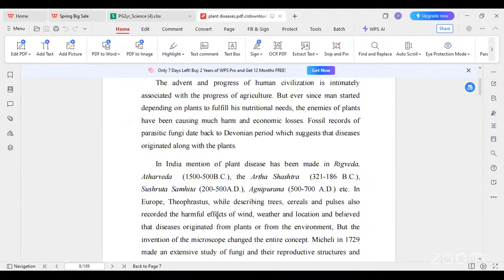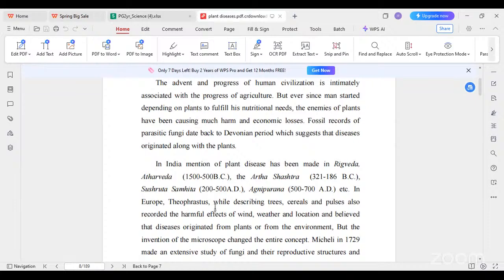The advent and progress of human civilization is intimately associated with the progress of agriculture, but ever since man started depending on plants to fulfill his nutritional needs, the enemies of plants have been causing much harm and economic losses. Records of parasitic fungi date back to the Devonian period, which suggests that disease originated along with the plants.